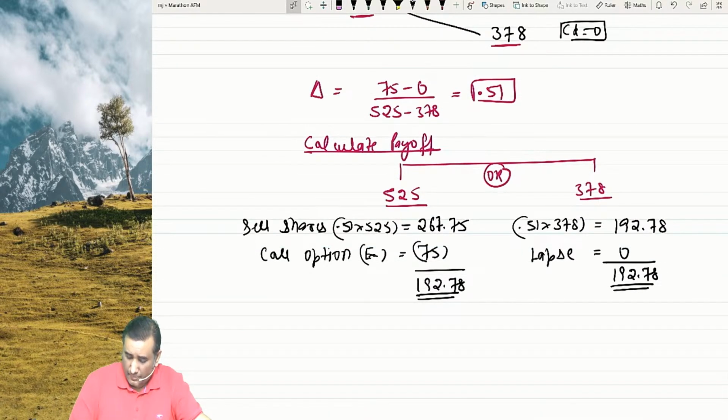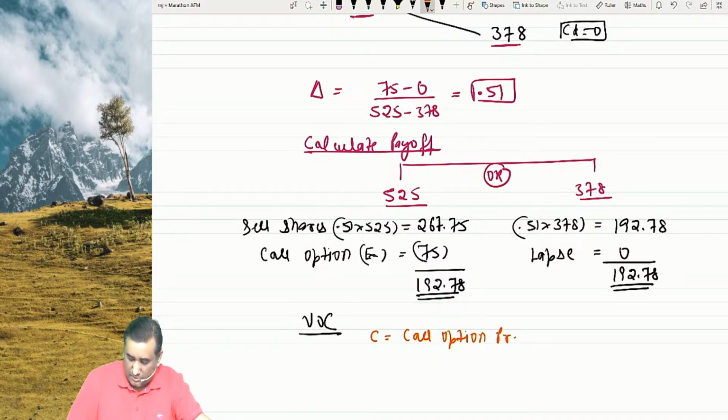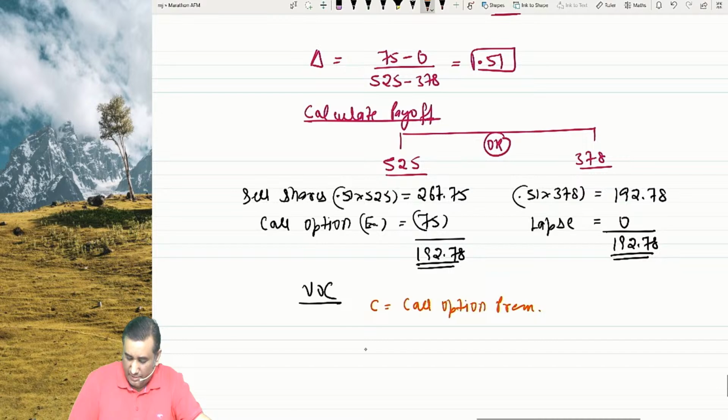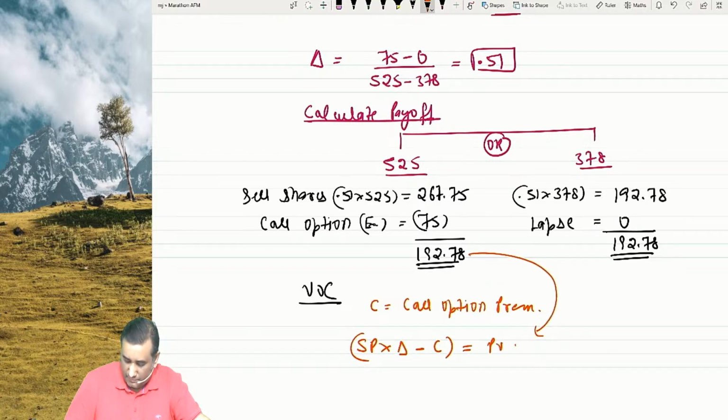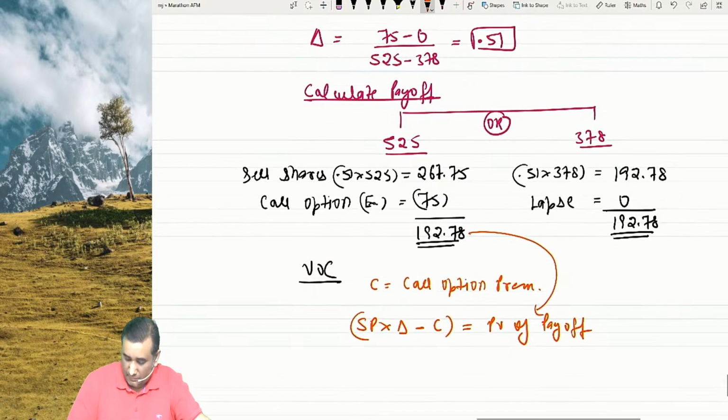That's fine. Third is the value of call. We assume C is equal to the option price, delta minus the call. This is called total initial investment.